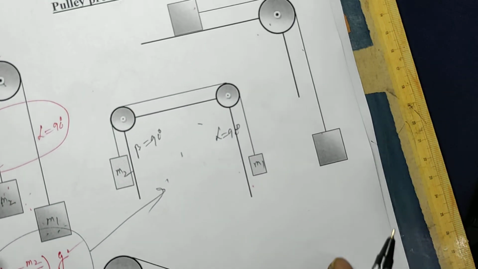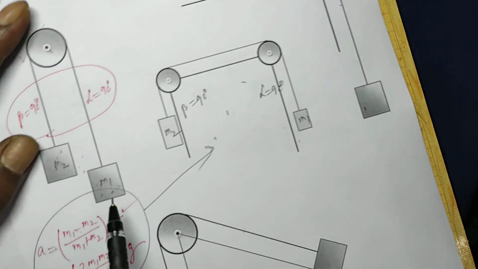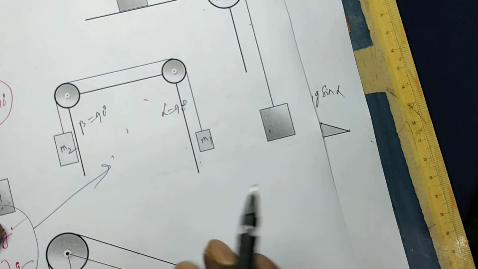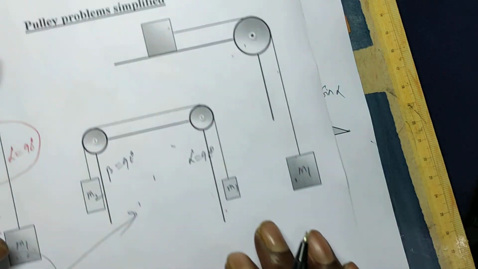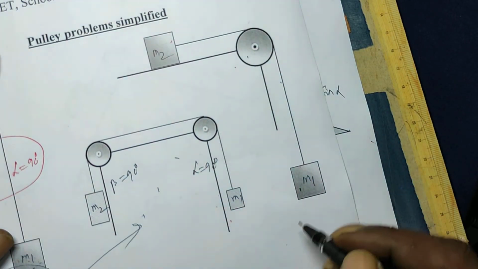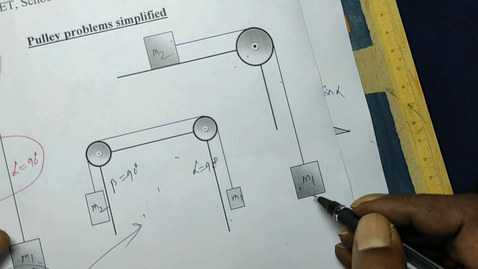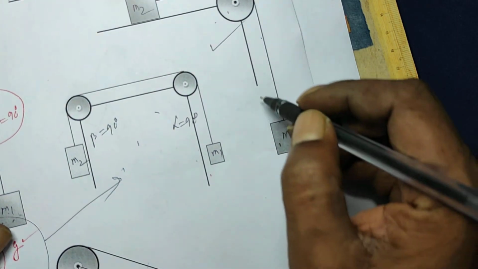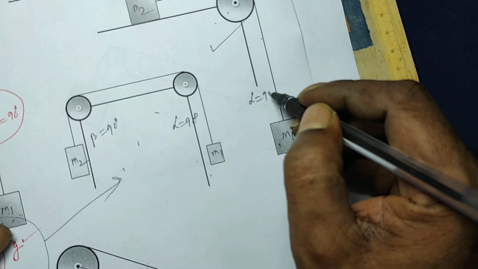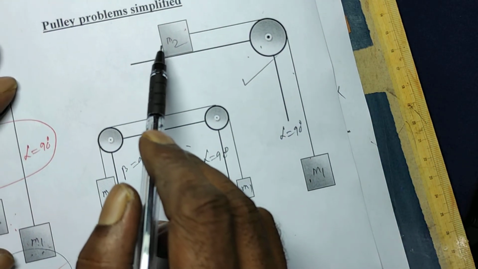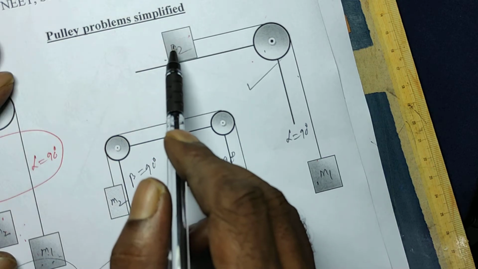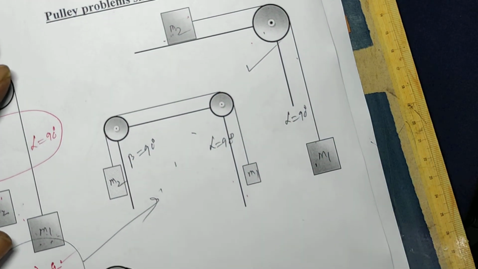Now look at this. On the right hand side, the mass I have taken is M1. On the left hand side, I have taken it as M2. So this is your M1, this is your M2, this is hanging down, and to this side the angle was alpha. So for this system, alpha is equal to 90, and the angle beta was taken on the side on which M2 was lying. Since this is not hanging, this is horizontal.